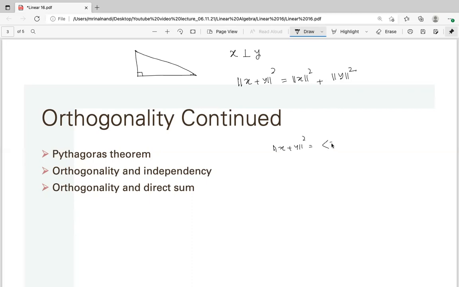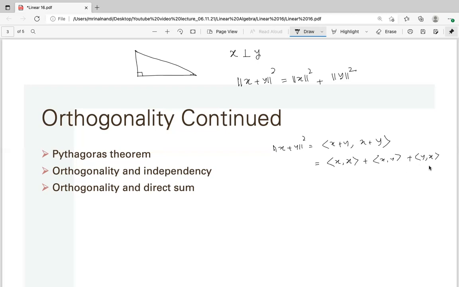This is basically, by definition, the inner product of x plus y with x plus y. Now using the distributive property, you can easily show this is just xy and yx. You should write yx because yx may not be xy if it is not in R. If it is on R, then yx equals xy.